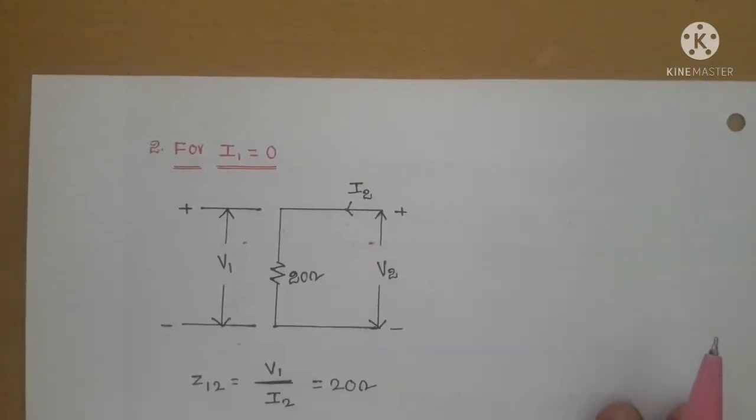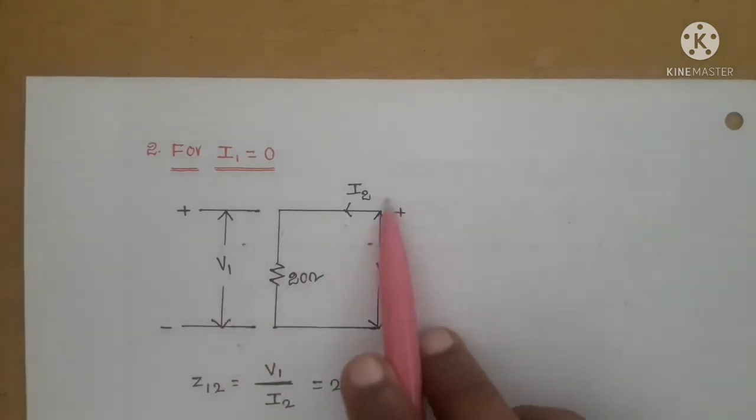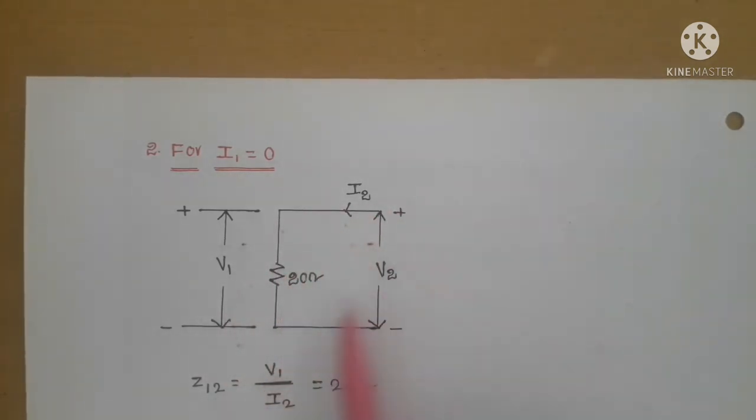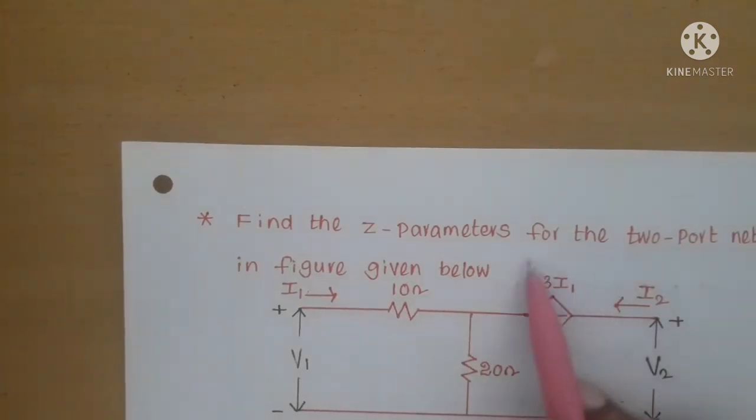So if you apply that condition I1 equal to 0 to the circuit, the circuit becomes like this. So 20 ohms, V1 and V2, and the current in this is I2. I1 is 0, so that's why we removed this 10 ohm resistor. Here also this dependent source value becomes 0.